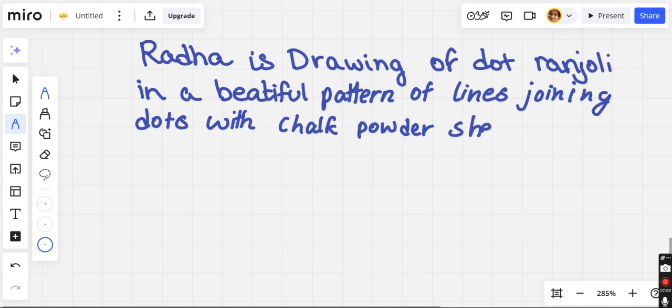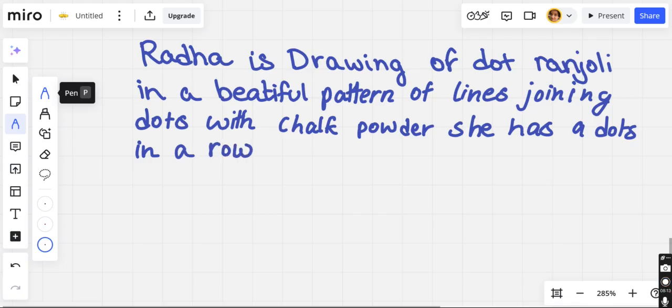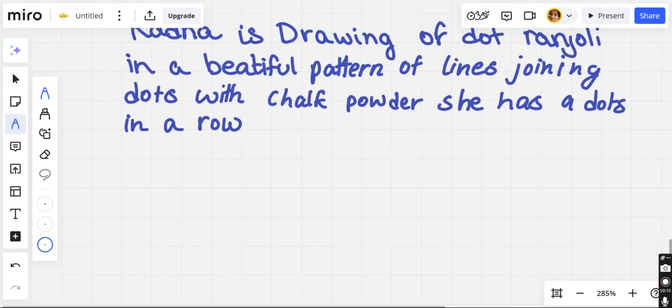Now we'll go into the lesson. She has 9 dots in a row. Let me write it down.